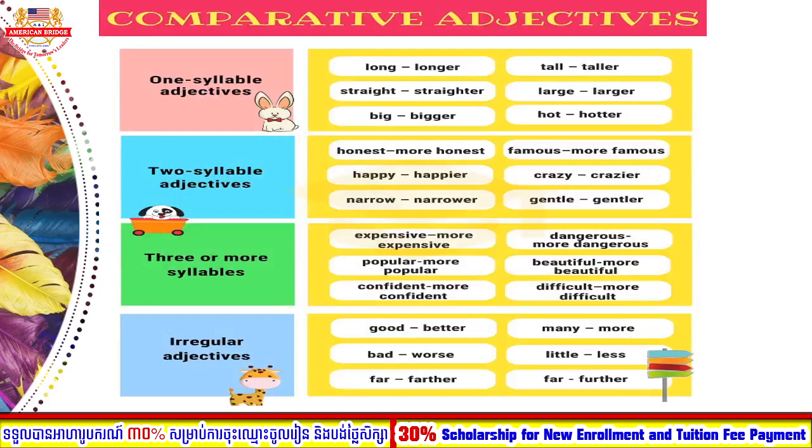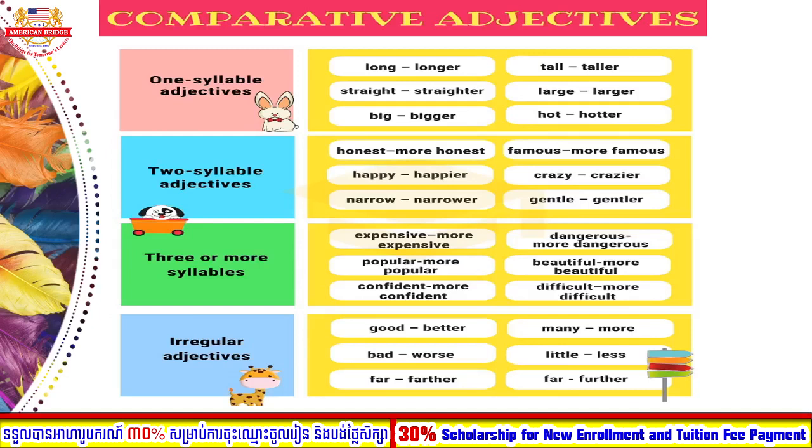Okay, so this one is the comparative adjective that teacher wants you to review again. When you use comparative adjectives with one syllable, two syllables, three syllables, or irregular words, what should we do, right? Let's look at the first column, one syllable.